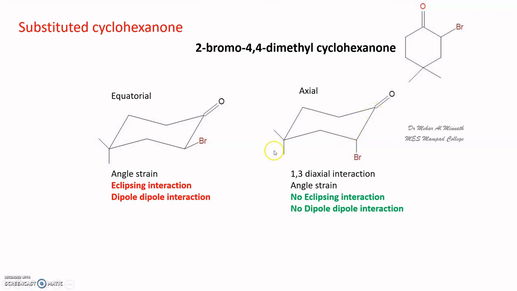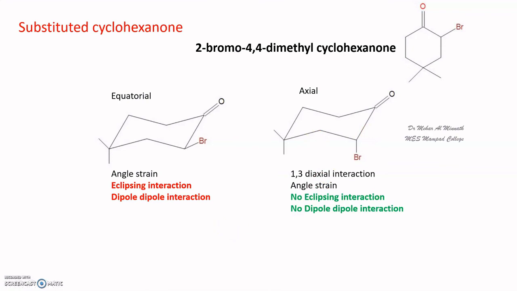Now, the 1,3-diaxial interaction will be between the bromine and the methyl group. In the equatorial form also, there will be 1,3-diaxial interaction between hydrogen and methyl group. But in the axial form it will be between bromine and methyl group, which will be higher, since bromine is a bulkier group than hydrogen.